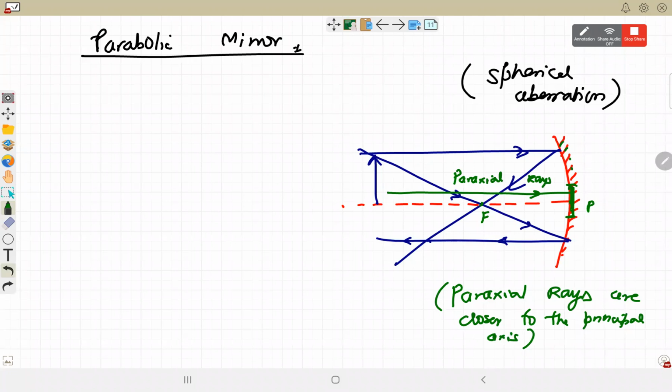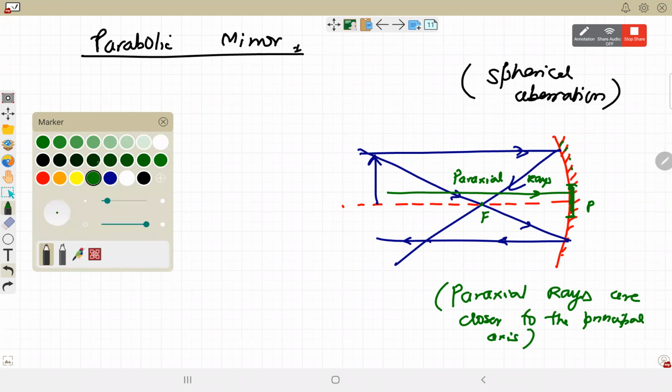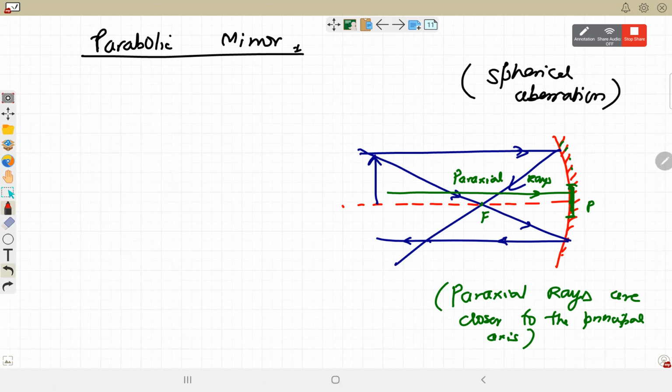Right? But if we are using more curvature, then the light rays coming from the curved portion will not be focused at the same point. So that will cause a blurred image, and that defect of the image is called spherical aberration.